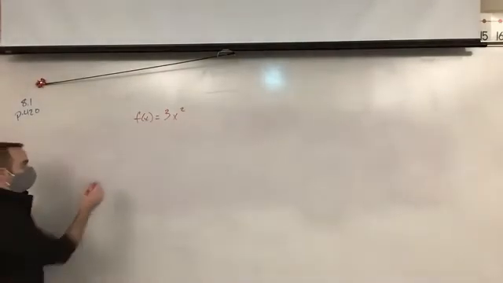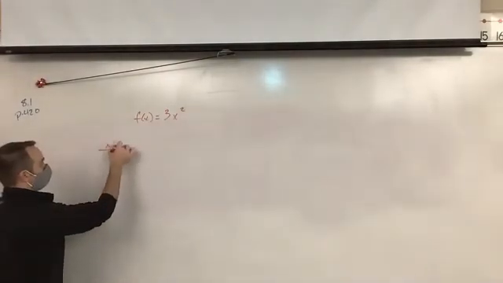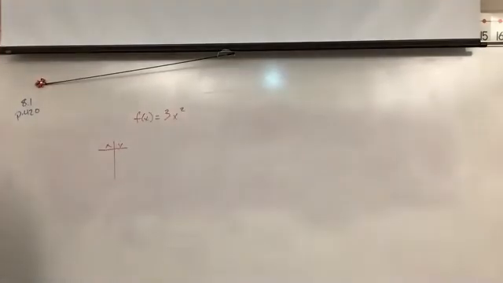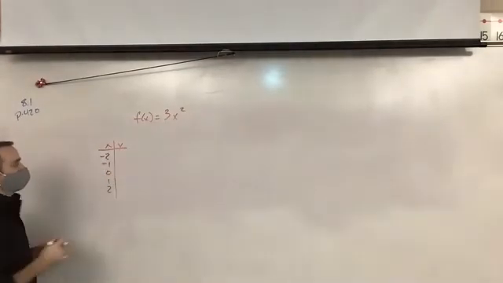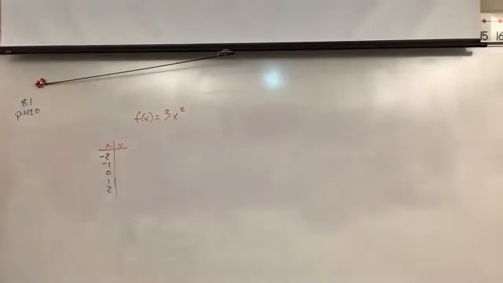So what we're going to do for today is we're just going to plug in our numbers. So we're going to plug in those 5 numbers that we seemingly always plug in: -2, -1, 0, 1, and 2. Don't forget about order of operations here.